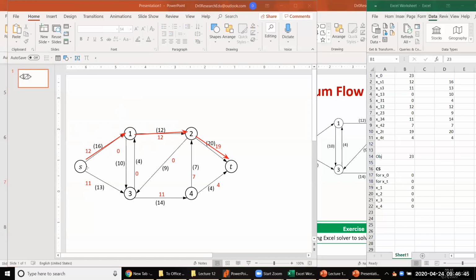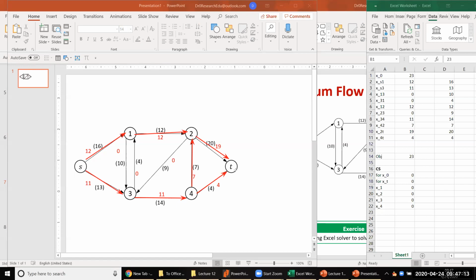Okay. On the other hand, I have 11 flows from S to 3. And all of these 11 flows are going to be here. Then how do we decompose this 11? 4 of them will be sent to T, and another 7 flows are going to be sent to 2. And that's the reason why from 2 to T, I have 12 plus 7 equal to 19 flows. See it?